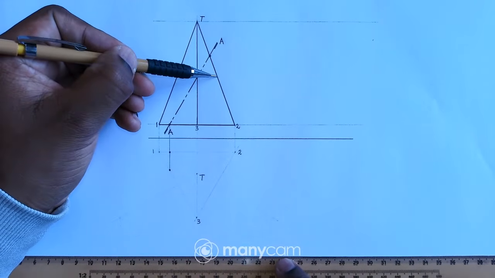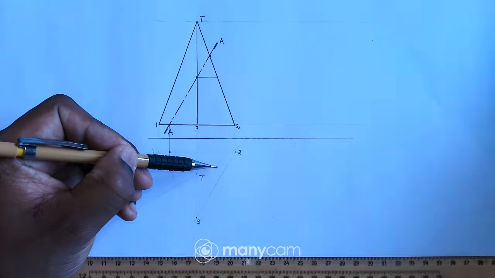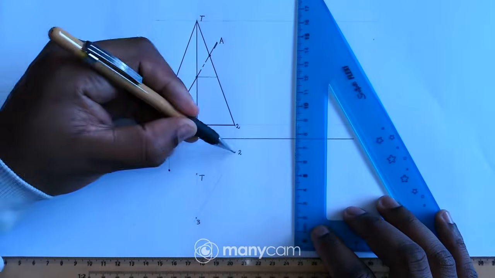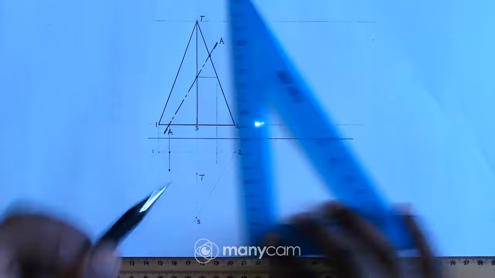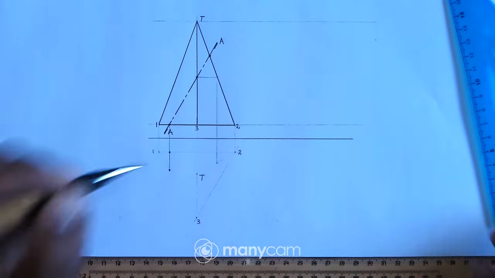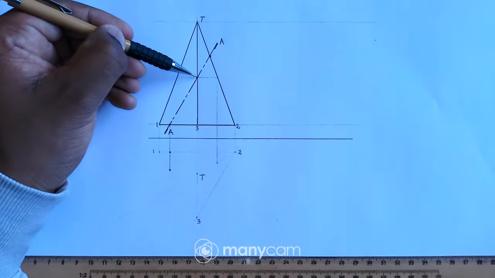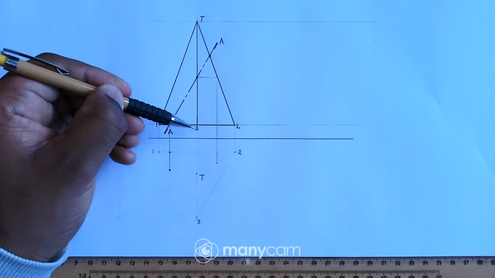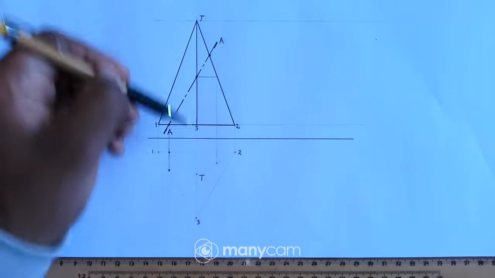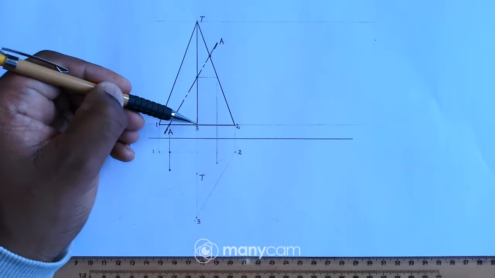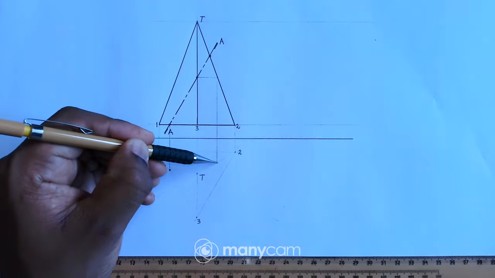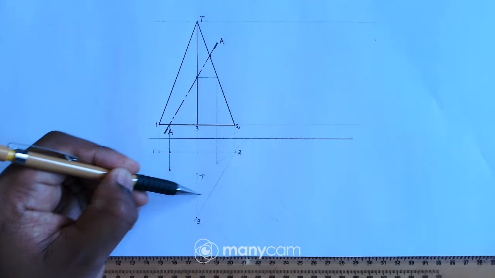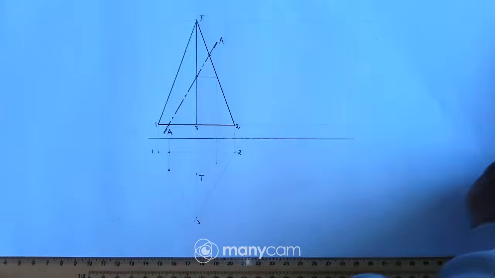I'll project that point down to line T2 from the top view. So line T2 is there, so I can just project that point down to line T2, and then that means I have a point. But remember, I'm trying to get this point on line T3, sorry, not line T2. Where is T3? T3 is right there, so I have to project this point now to line T3 using what?